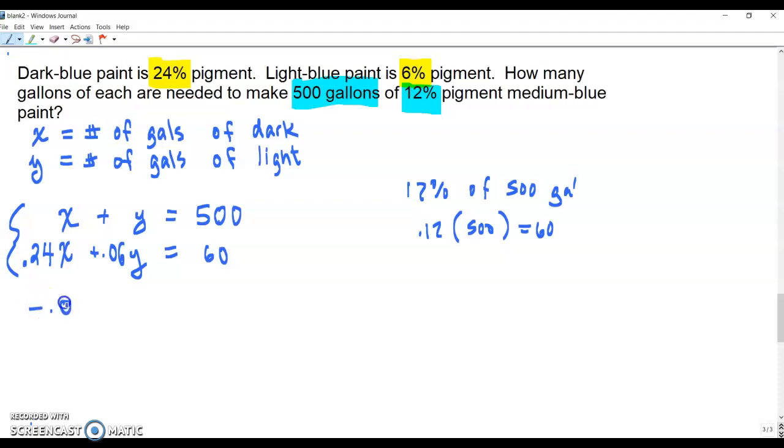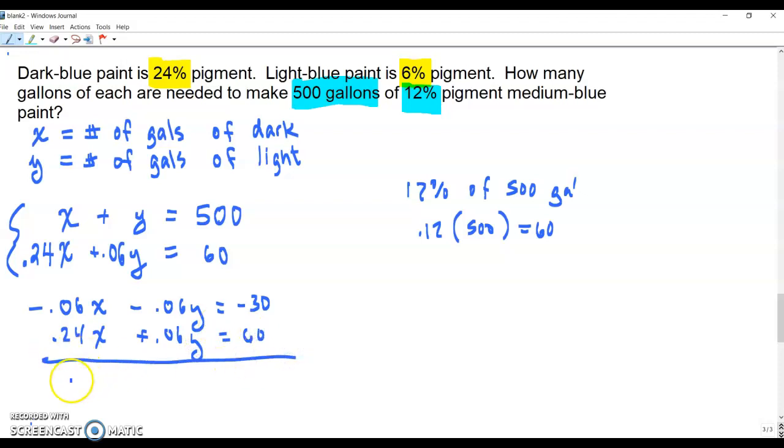So I get negative 0.06x minus 0.06y equals negative 30. Second equation, I don't need to change at all. Combine like terms. I get 0.18x, the y's are eliminated, equals 30.